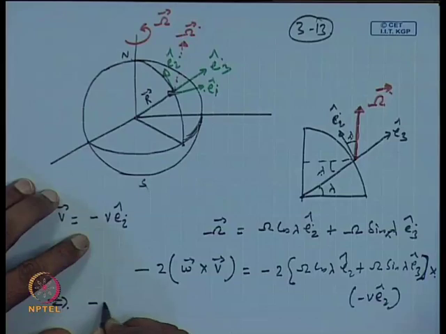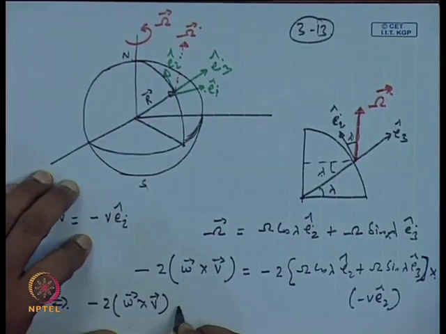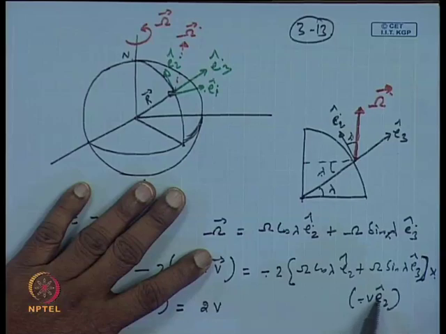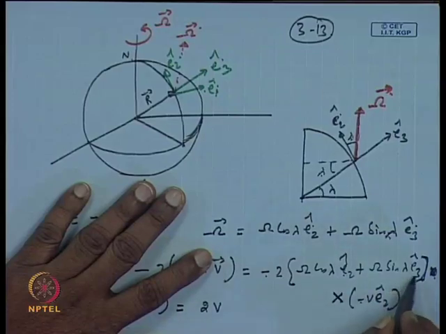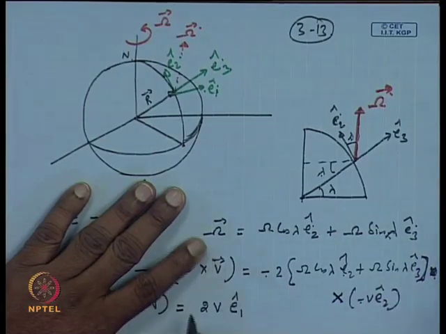So, this implies this quantity becomes minus minus, this gets plus, and we can write 2V. The E2 cross E2 product will vanish, and we have to take the cross product of the remaining term. So, E3 cap cross E2 cap is minus E1 cap.